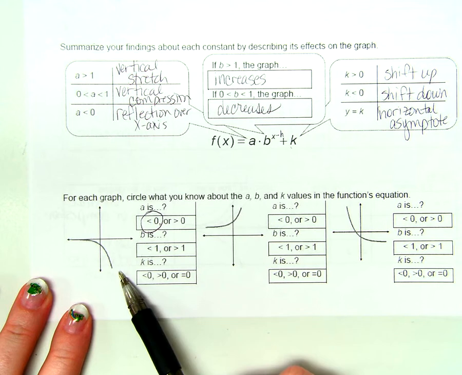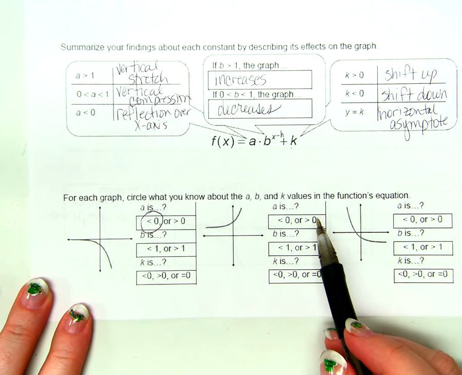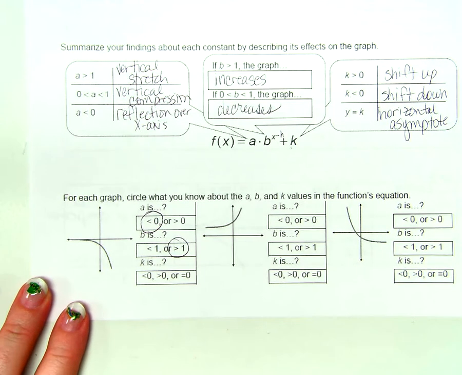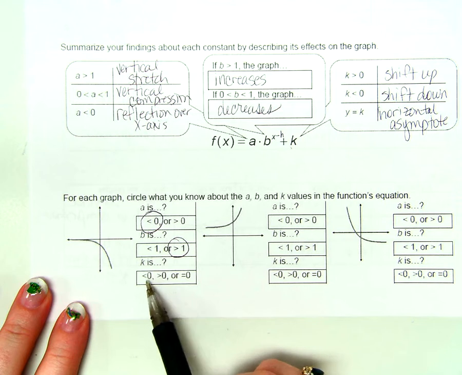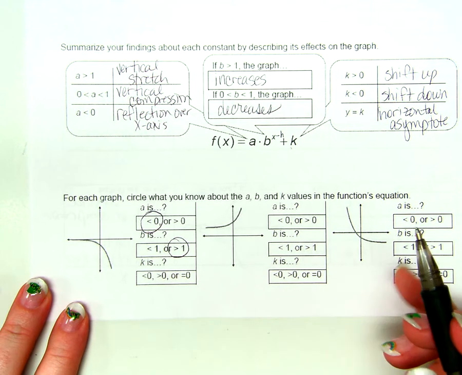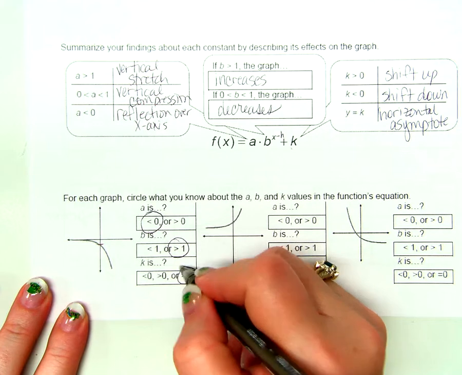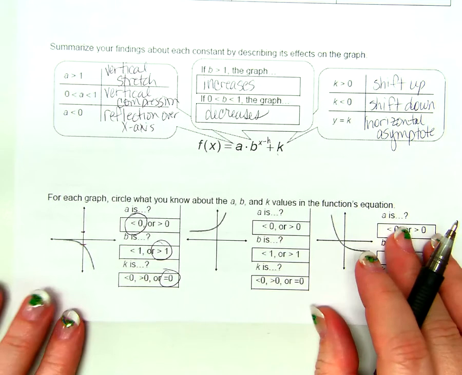A flipped it over. If it was flipped back over, would it be increasing or decreasing? It would be increasing, so it is greater than 1. And what about K? Is it less than 0, greater than 0, or equal to 0? Because it's crossing right there at 1, right? If it was flipped over, it would be at 0, 1, like parent function type of form.